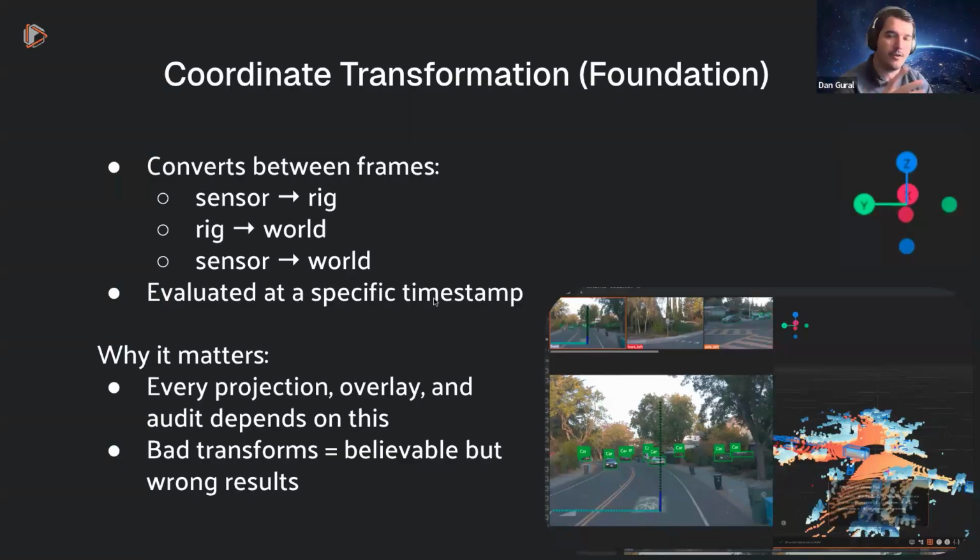Now you can transfer it. You don't have to rebuild your data pipeline every single time, right? You can use the exposed APIs that we provide through Physical AI Workbench to do this for you. Even bad transforms might look believable, but you'll get terrible results downstream after a very expensive process.